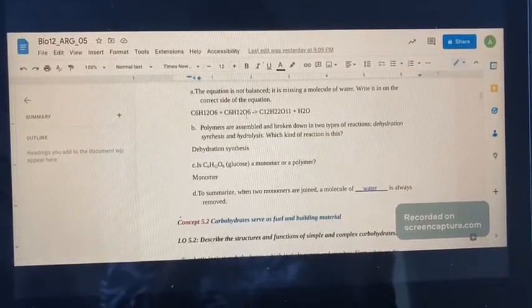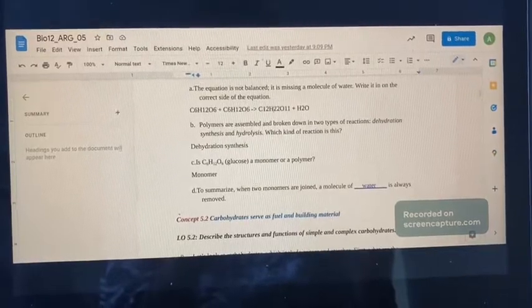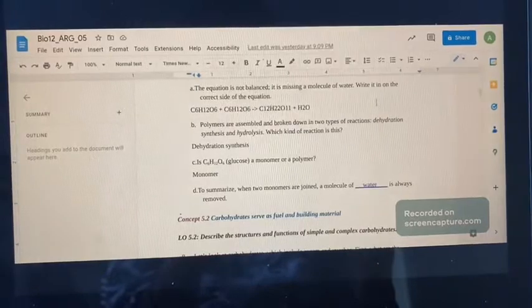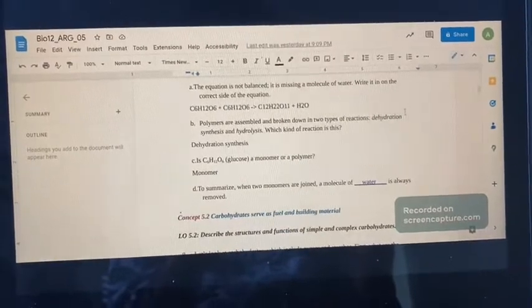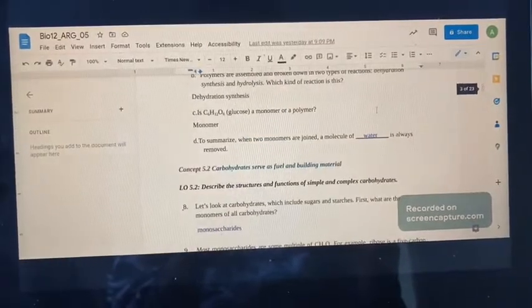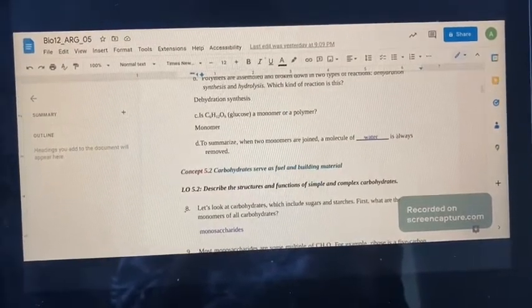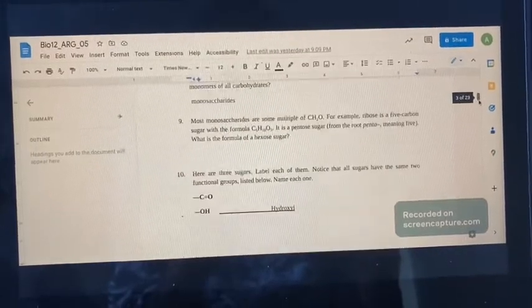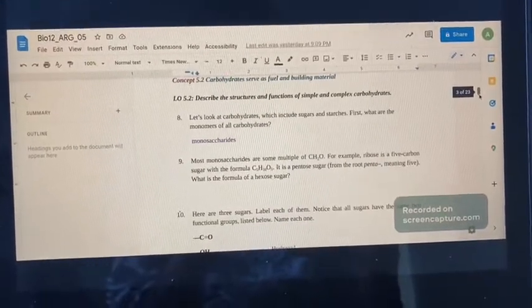These two glucose molecules come together to form this bigger molecule, and water is released in the process. And glucose is technically a monomer, if you didn't know that. Always, a water molecule is released whenever two monomers come together. Dehydration synthesis is universal when two monomers come together.